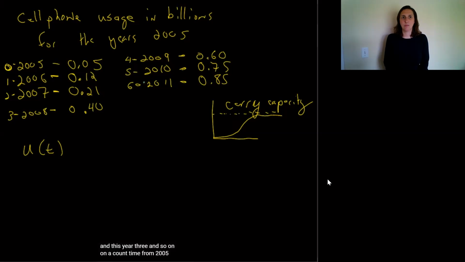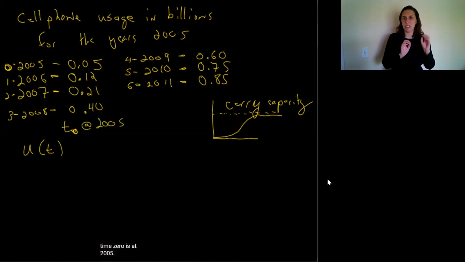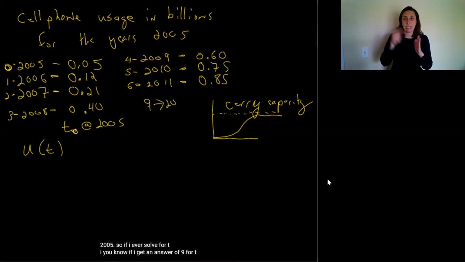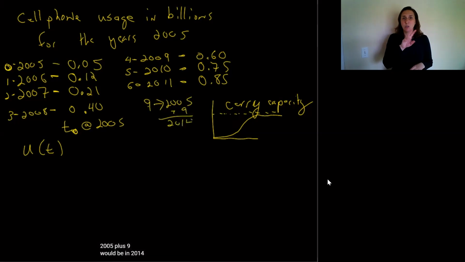So we can kind of say, hey, time 0 is at 2005. So if I ever solve for t, if I get an answer of 9 for t, 2005 plus 9 would be 2014, right? It just makes the number smaller and easier to deal with, to have some starting time.